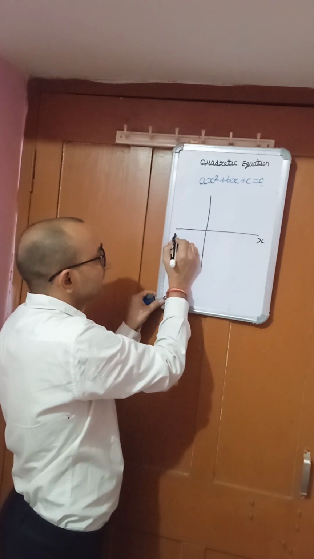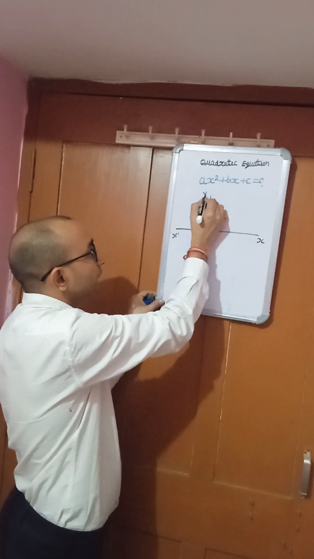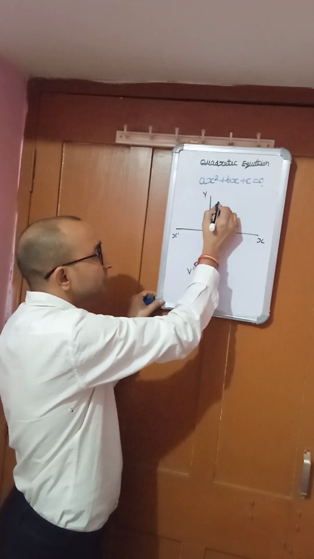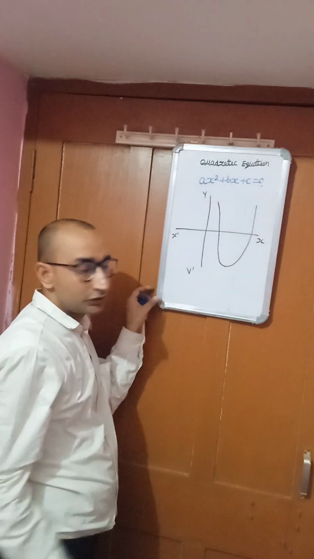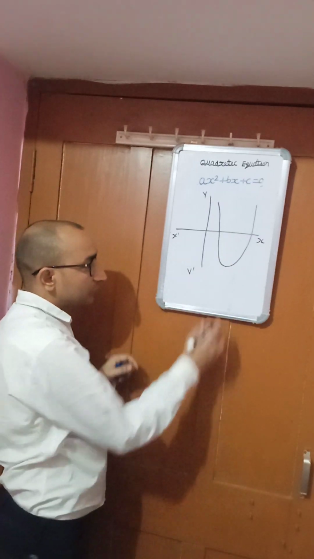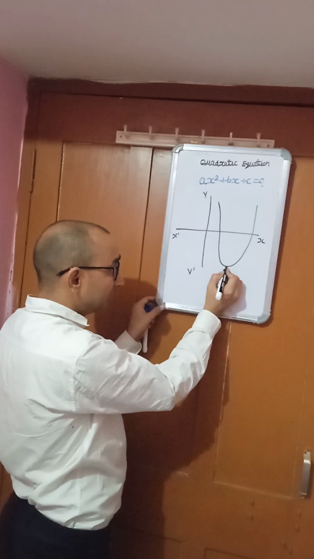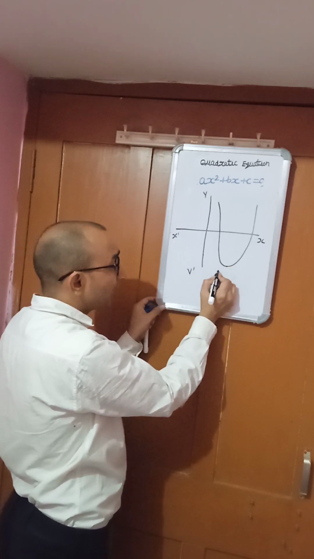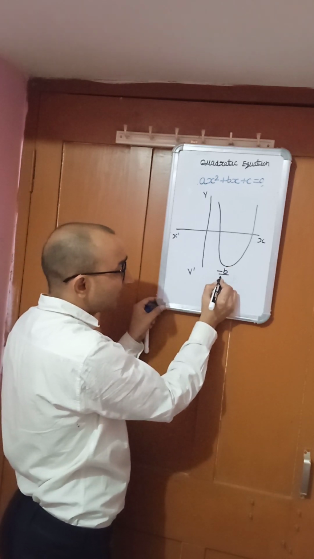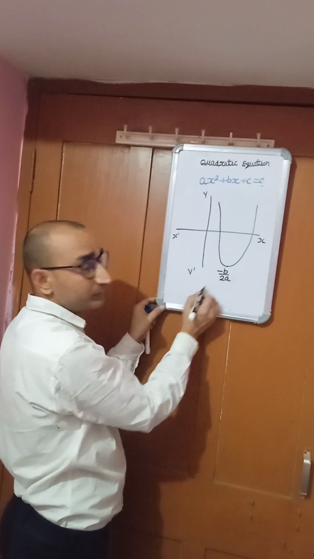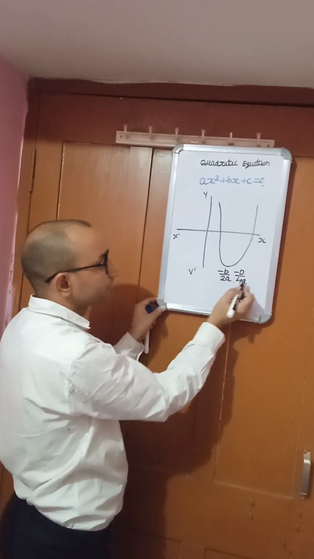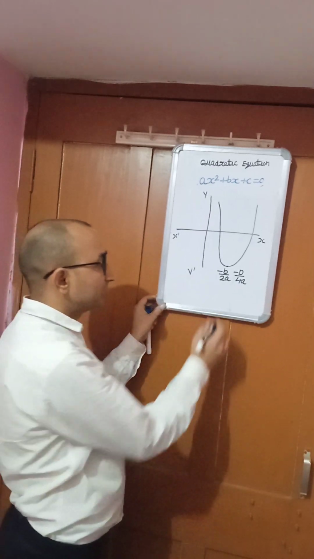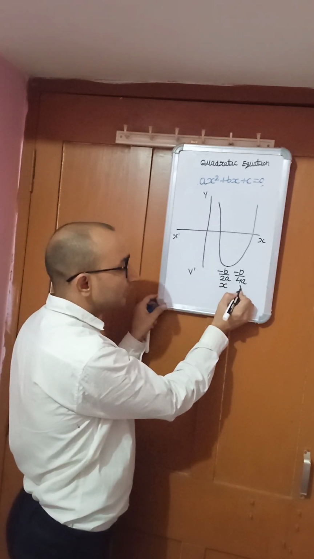Suppose this parabola lies in this fourth quadrant, then here this is minus b by 2a and minus D by 4a. This is the x coordinate, this is the y coordinate.